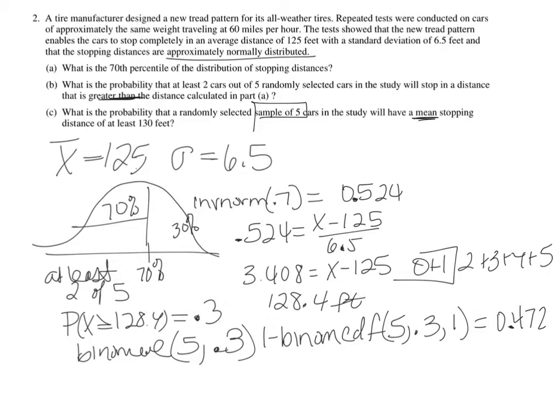That's a sampling distribution where we have to use that the standard deviation is sigma over the square root of n, depending on what information we have. So in this case, our z-score is going to be 130 minus 125, our mean, divided by 6.5 divided by the square root of 5.